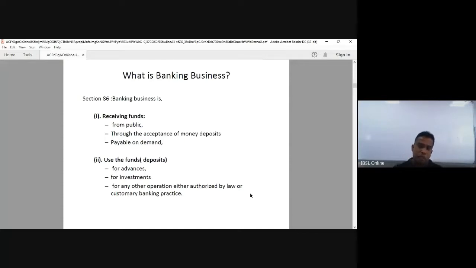So as per this, the bank can utilize public funds or deposits for advances. You can lend. Also, the banks can utilize that money for investments. The bank can reinvest the depositors' money in various places, and you can generate income.